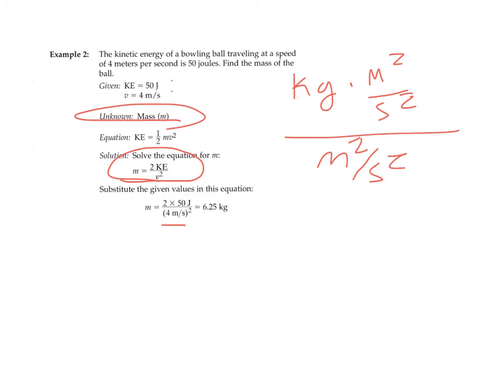Okay, so it's meters squared times seconds squared. All right, and so what's going to happen here is these are going to cancel out, and you're going to be left with a kilogram. Okay, so if you have to manipulate the base formula, you will have to know and show how your units cancel out, and how your final units are derived. Okay, so be ready to do that.